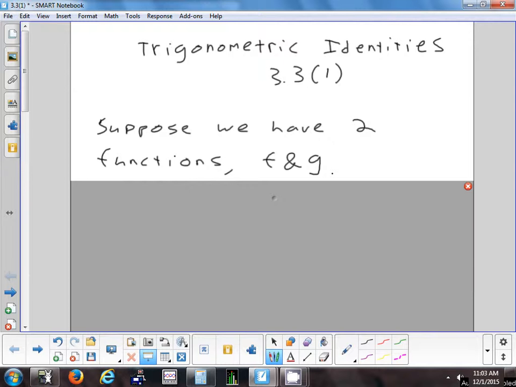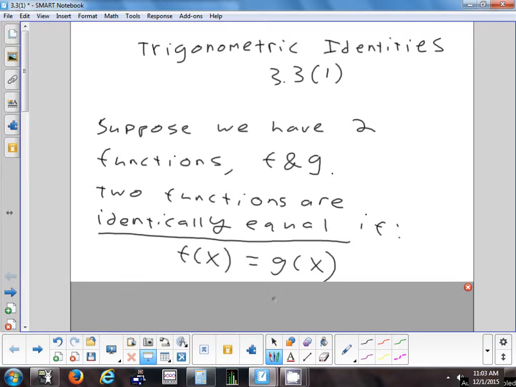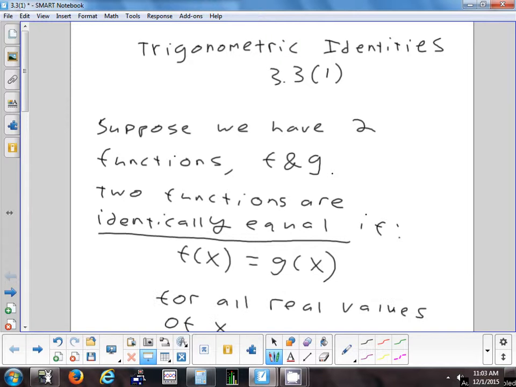Suppose we had two functions from algebra, f and g. These two functions are equal if you can plug a value into one function, plug the same value into the other function, and you always get the same answer every time in both functions.